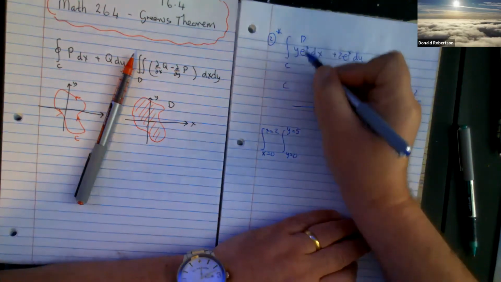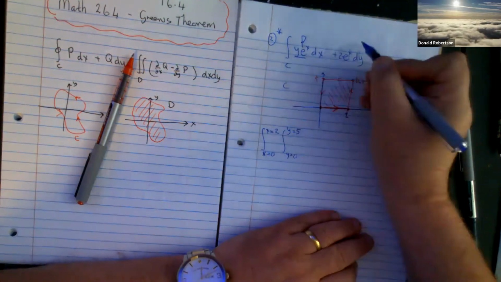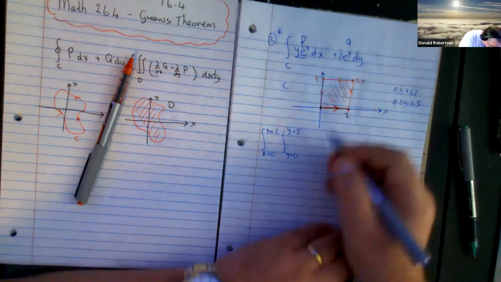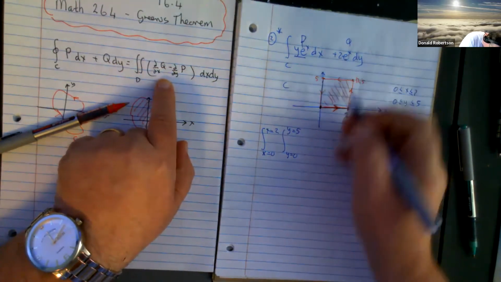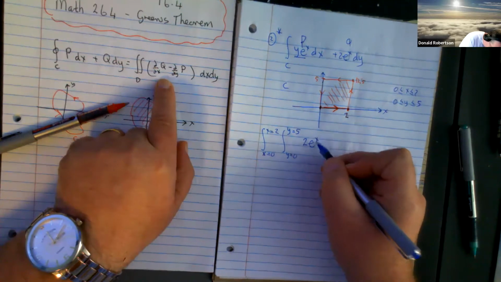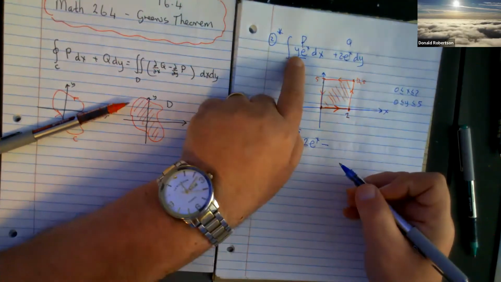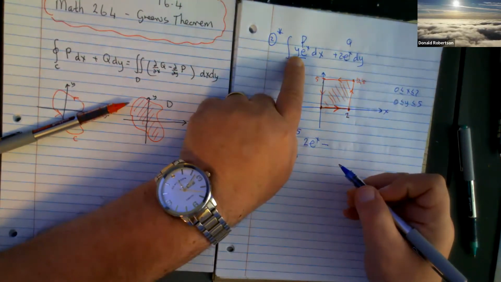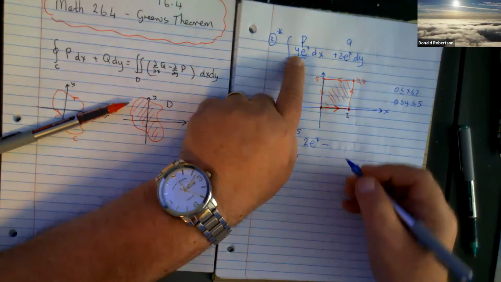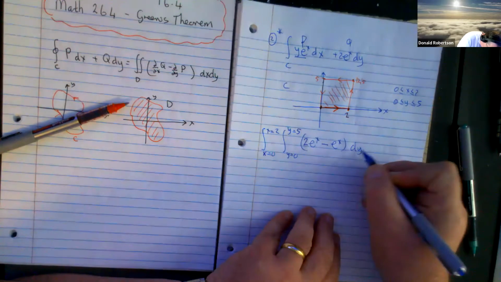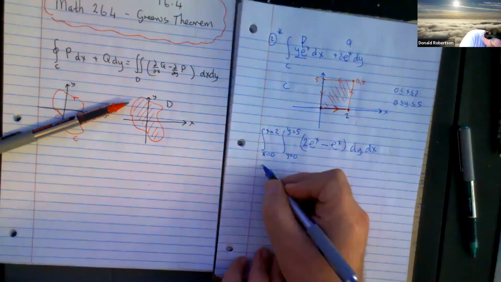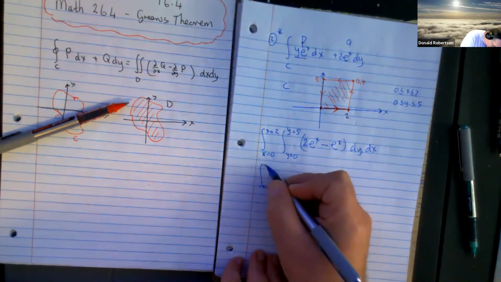This is p, right? And this is q. So we're going to do the partial derivative of this guy with respect to x, take away the partial derivative of this guy with respect to y. And then we're going to do a dy and a dx. And something really nice happens.